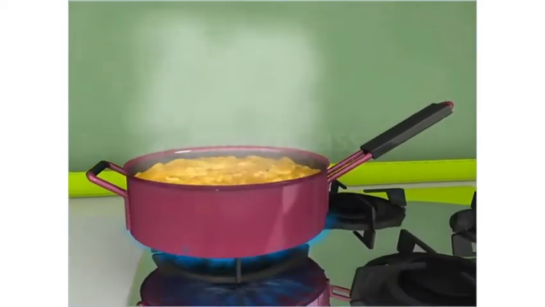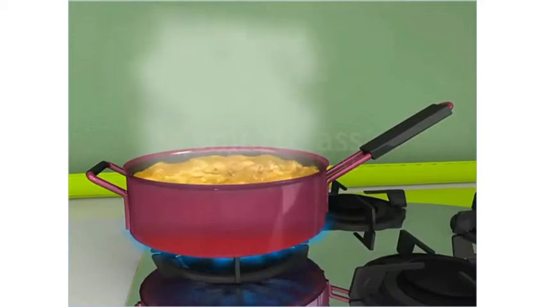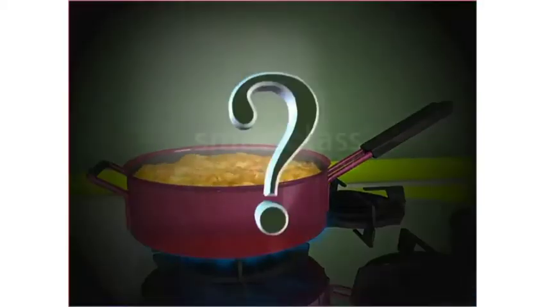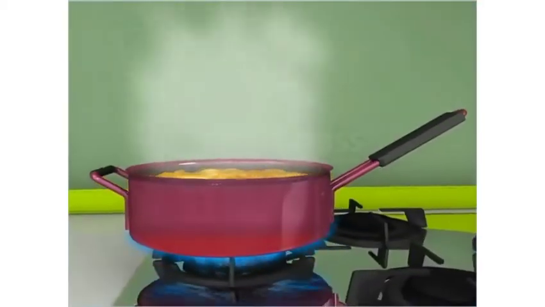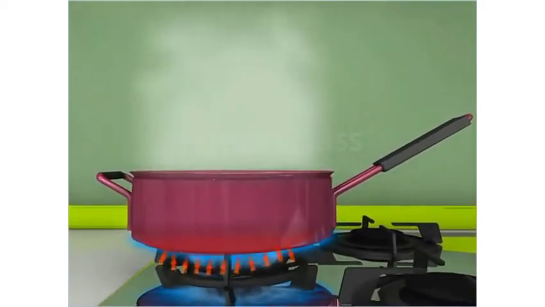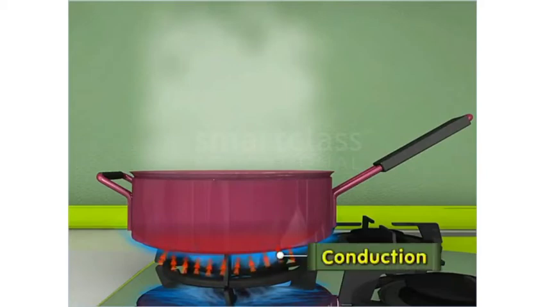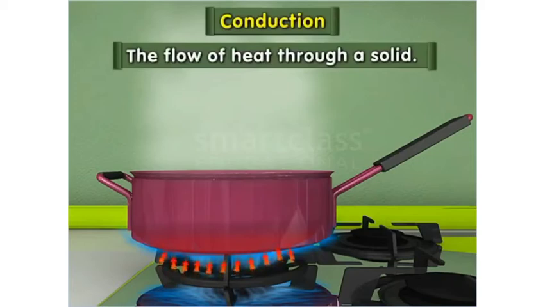The pan becomes hot and the food inside it also gets hot. Why does this happen? The heat from the burner is transferred into the pan. This is conduction. The flow of heat through a solid is known as conduction.